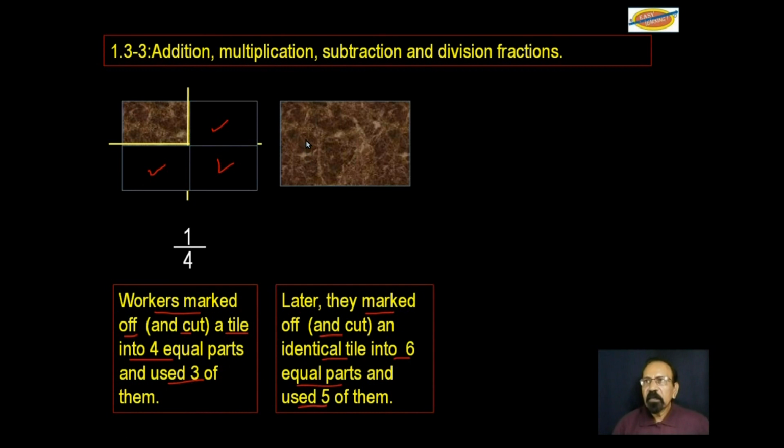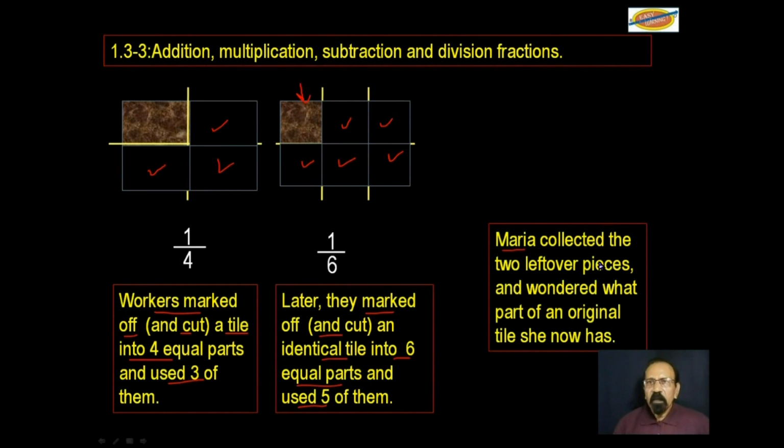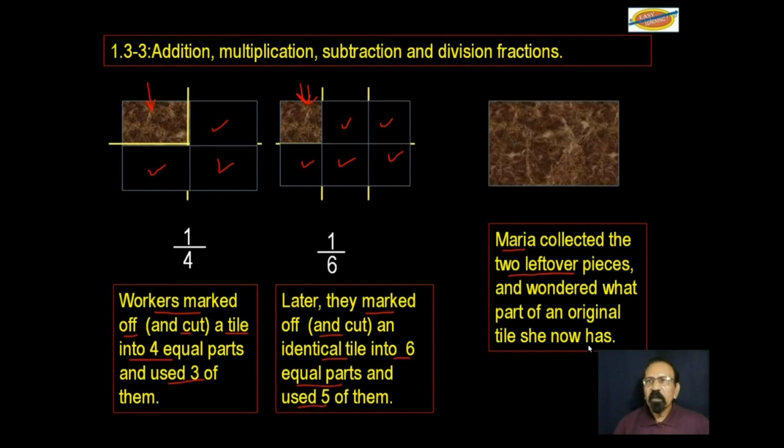So another tile, 6 equal parts. This time, they use 1, 2, 3, 4, 5, and this part up here remains, 1/6. Maria collected the 2 leftover pieces, that is to say, this 1/4 and this 1/6, and wondered what part of an original tile she now has. How much of this tile would those 2 make up?